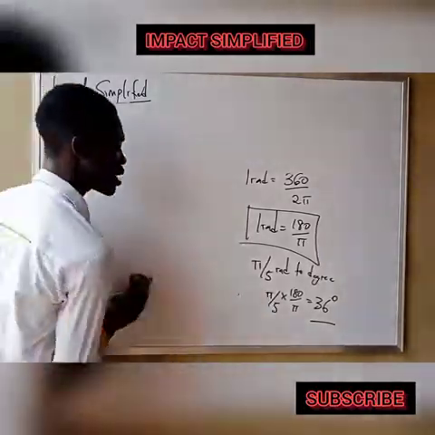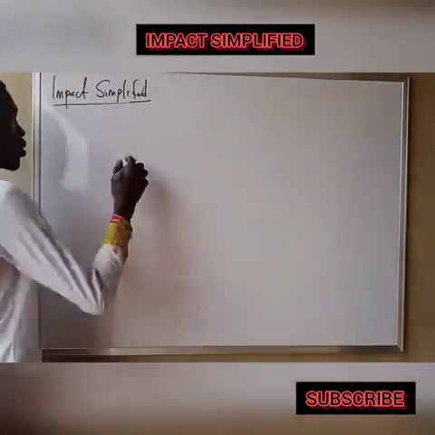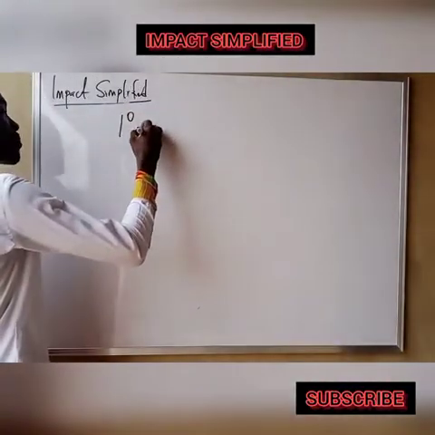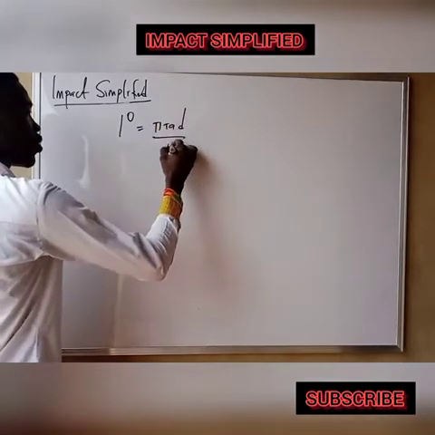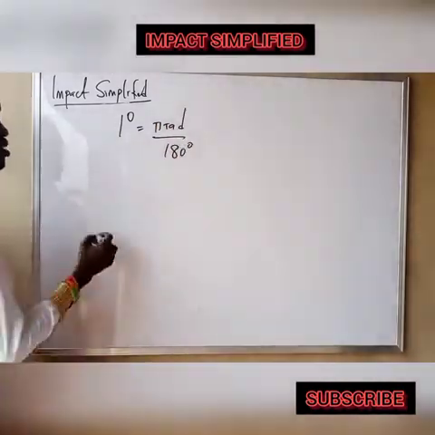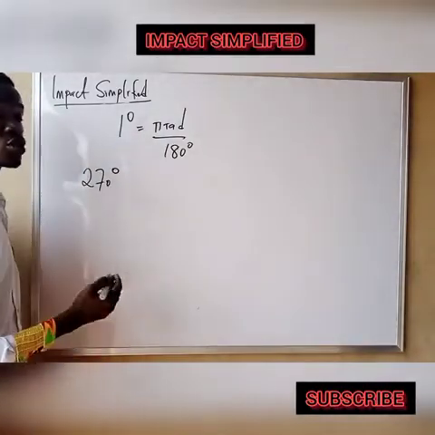Now let us look at how to convert an angle to radian. And what is the basis? We have said that 1 degree is equal to pi rad over 180 degree. For instance, let's look at how to convert 270 degree to radian.